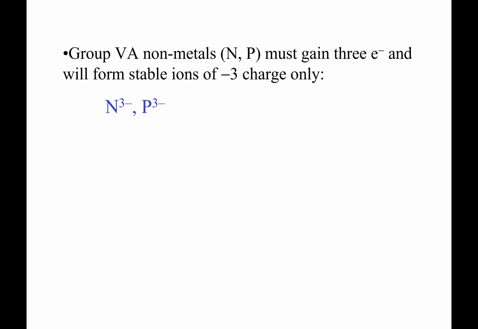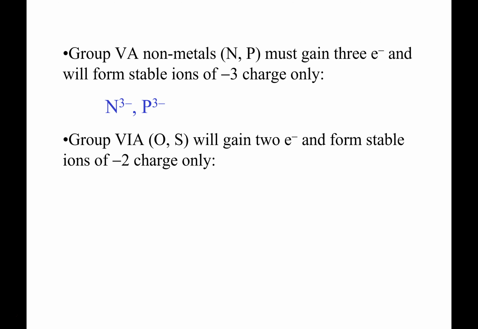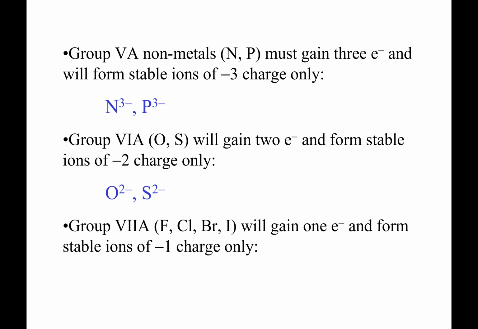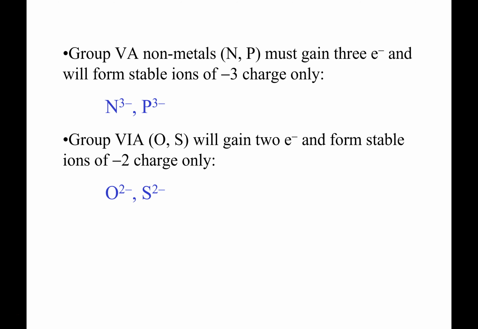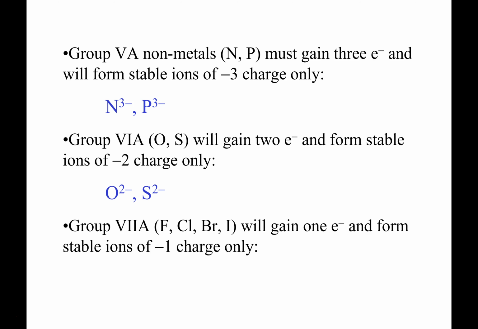So make sure we're on the same page there. 5A nonmetals will pick up 3 electrons, become a -3 charge. The 6A nonmetals will pick up 2 electrons, become -2 charge. And 7A will pick up 1 electron, become -1 charge.